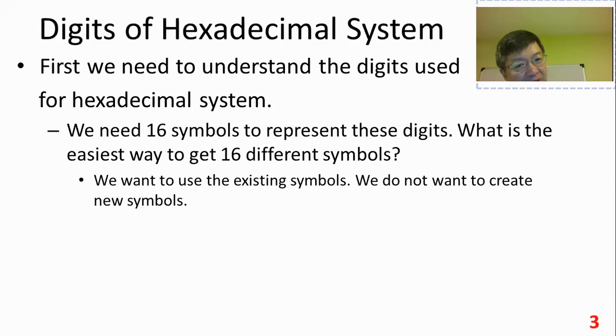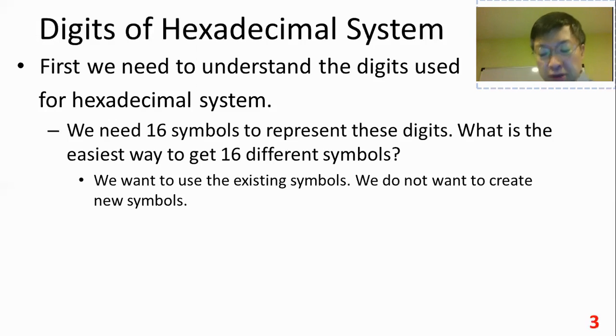We want to use the existing symbols. We do not want to create new symbols. Think about it. If you want to use completely new 16 symbols, the learning curve is very steep. It takes much longer for people to learn these 16 completely new symbols. So that's not a wise idea.